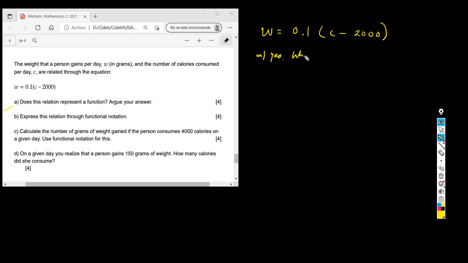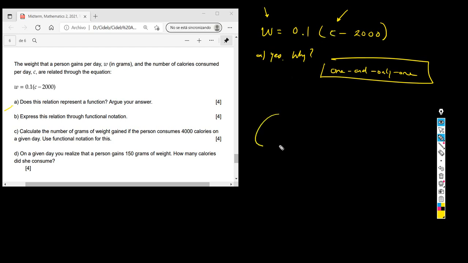The reason is that for each amount of calories, you can have one and only one. This is the key phrase: one and only one respective weight gain for each amount of calories consumed daily.